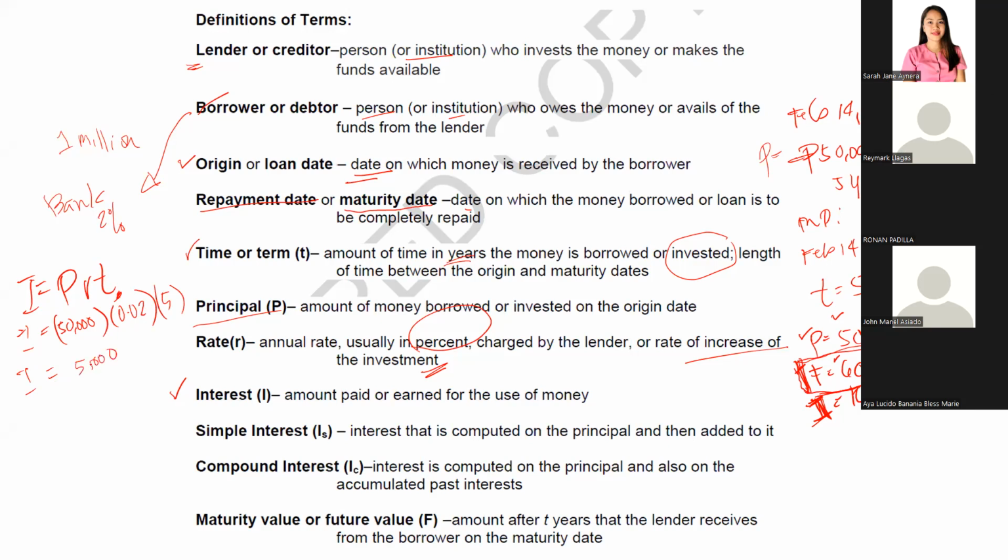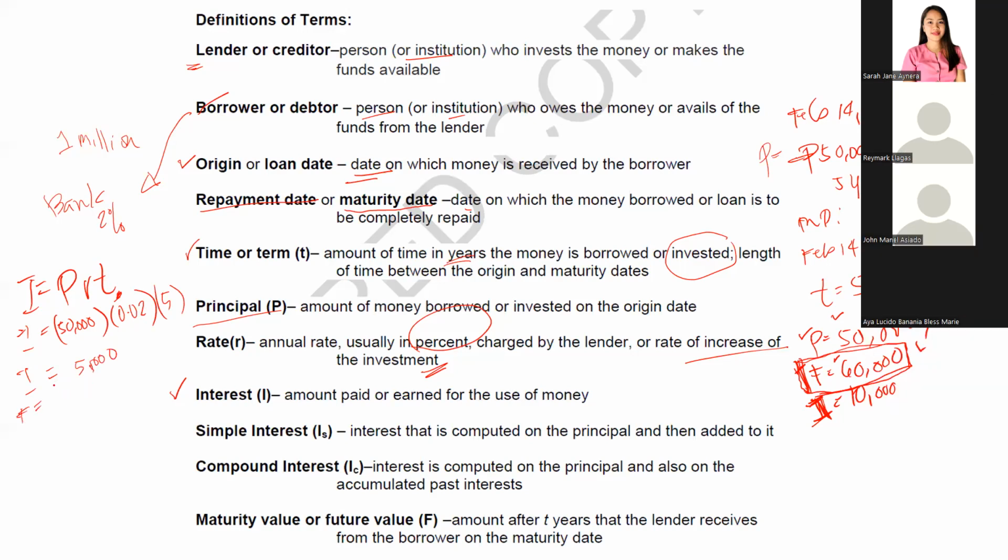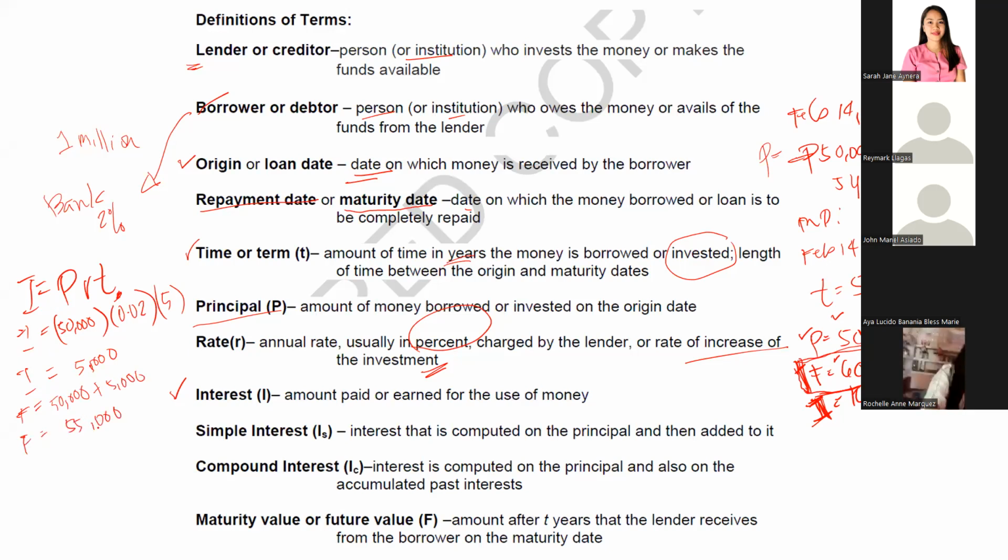So, ang interest mo is 5,000. Now, para sa future value, since ang principal mo is 50,000, ang interest mo is 5,000, all in all, after 5 years, ang babayaran mo, 55,000. Yan ang tinatawag na future value. This is for simple interest.